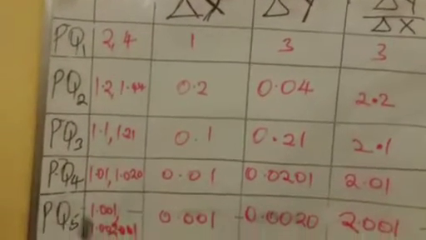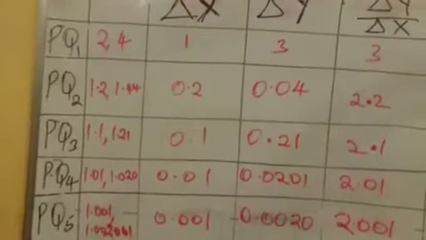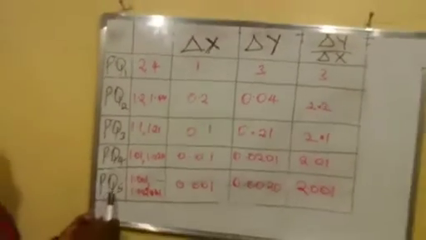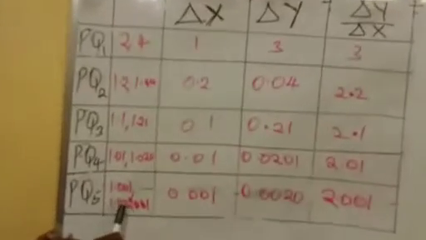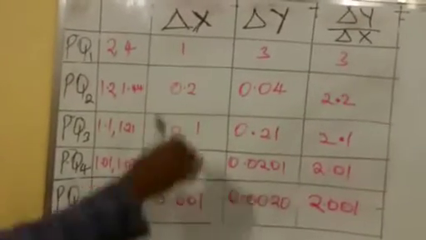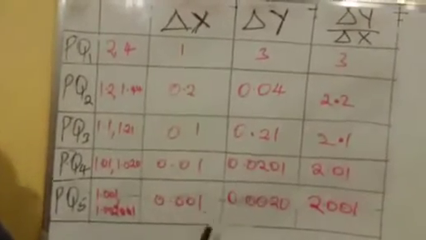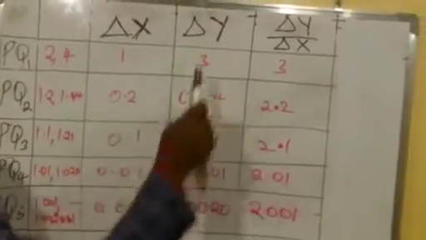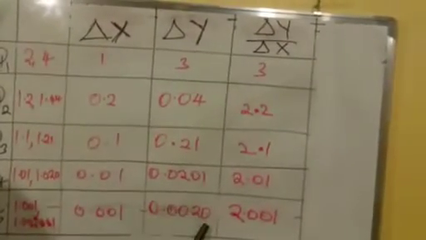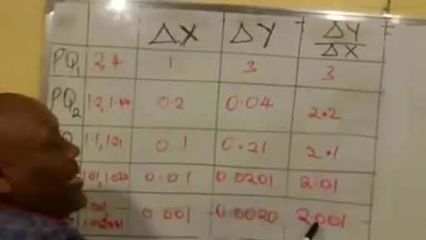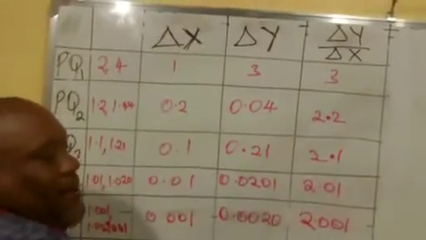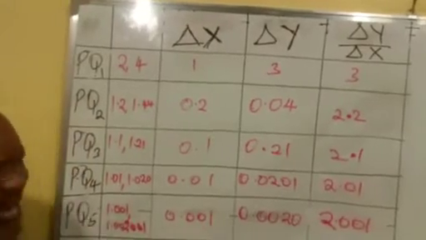The last point I've picked as we are moving closer to P is 1.001 and 1.002001. So the change in x will be 0.001, and the change in y will be 0.002001, so the change in y over change in x will be 2.001.